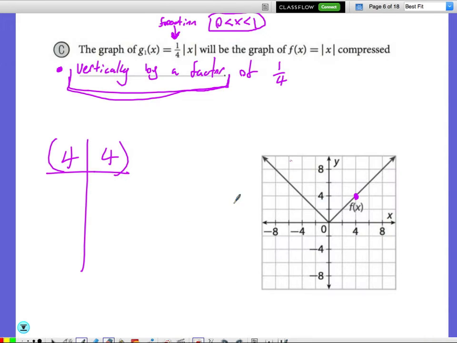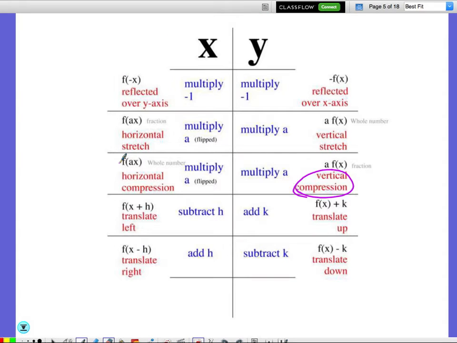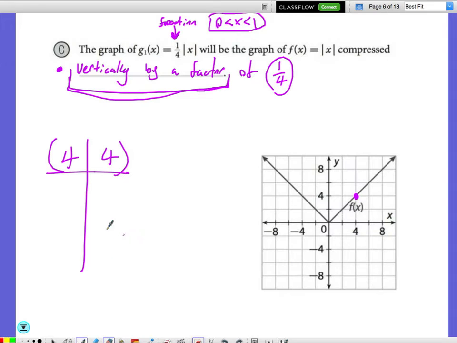In this case, a is 1 over 4. Now it tells me to multiply the y coordinates. So I'm going to multiply by 1 over 4, and since I have no operations here, I drag the 4 down. 4 times 1 over 4 is basically 1.